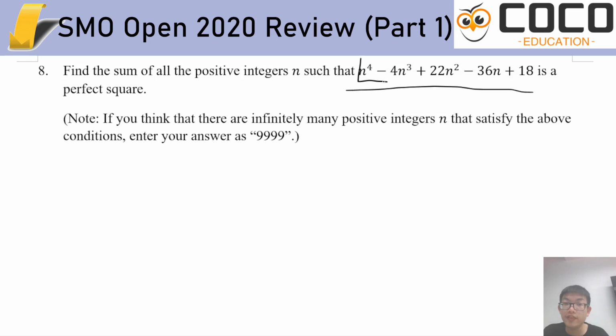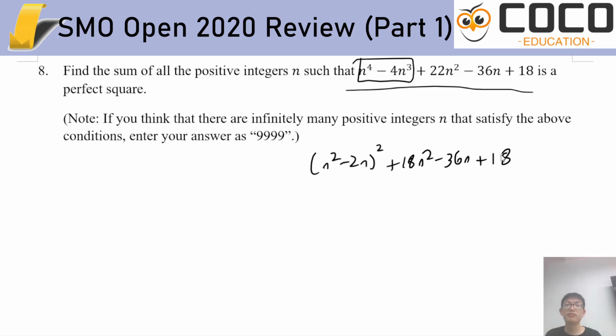So I'll start off with this part, and I complete the square with n squared minus 2n squared. That takes up the first term, the second term, and 4n squared, leaving me with 18n squared minus 36n plus 18.